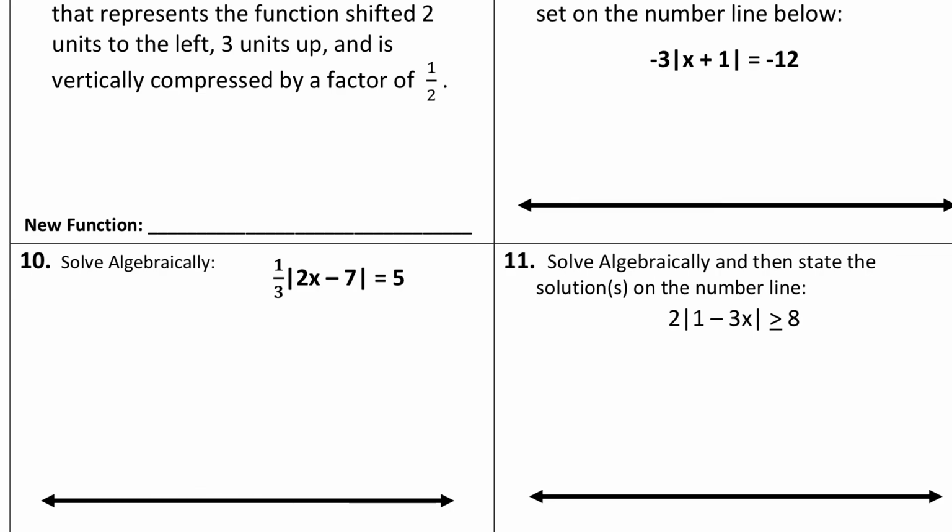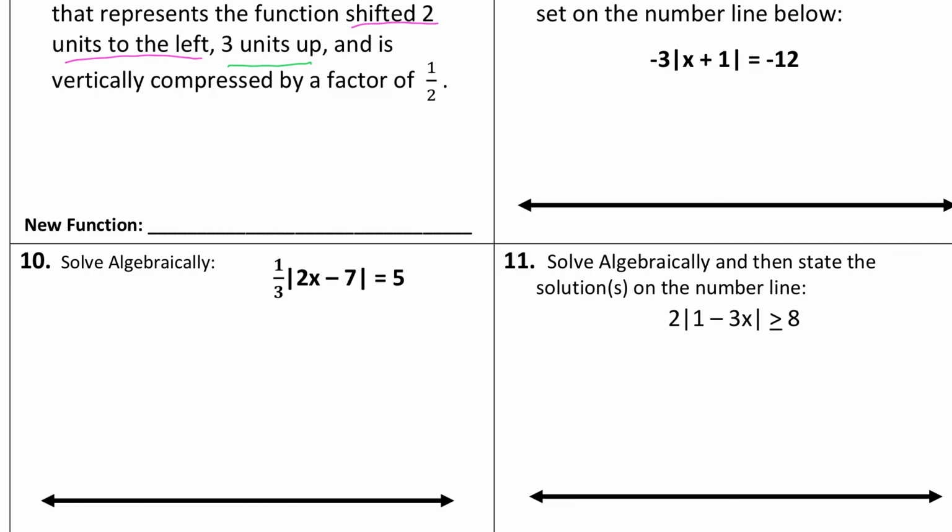Okay, moving on to number 8. It says shifted, so write a new equation that represents the function shifted 2 units to the left. So we're going to do that first. 2 units to the left is actually going to be a +2 inside with that x. Then it also says 3 units up. 3 units up, we're going to add 3 to the end here.